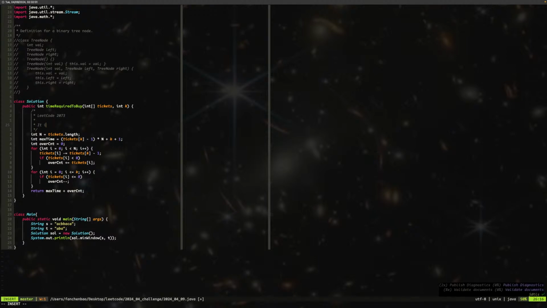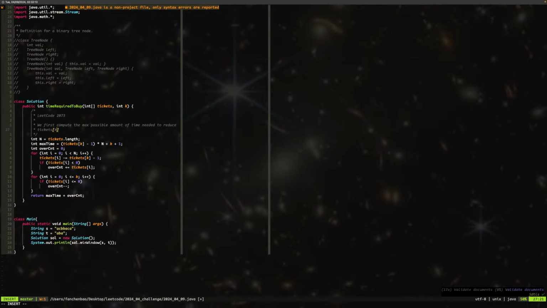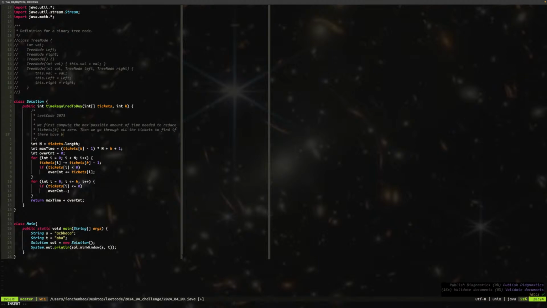We first compute the max possible amount of time needed to reduce tickets k to 0. Then we go through all the tickets to find if there has been any overcount.